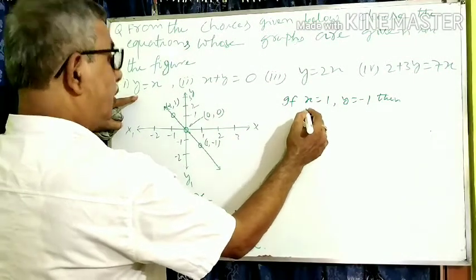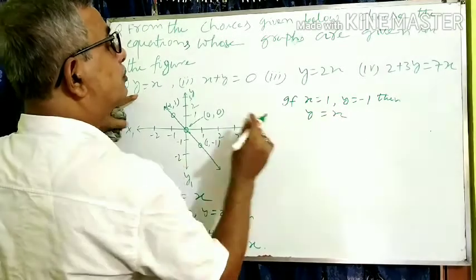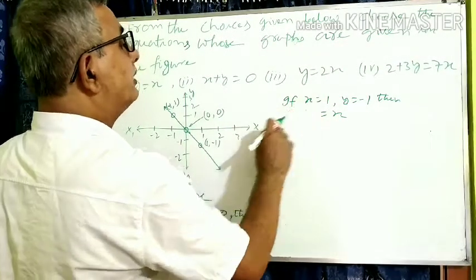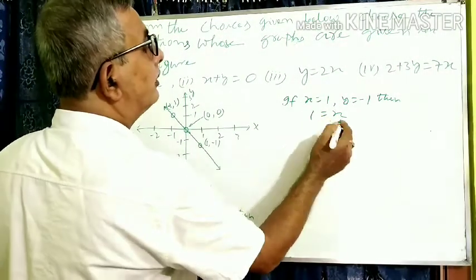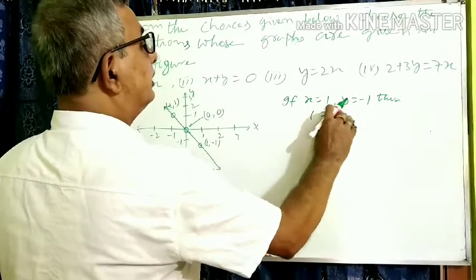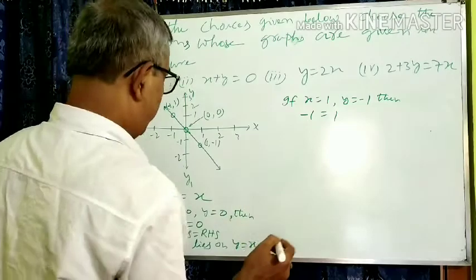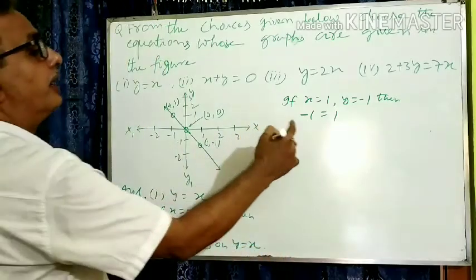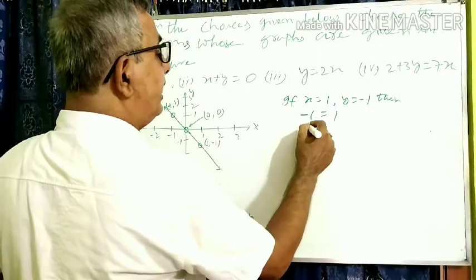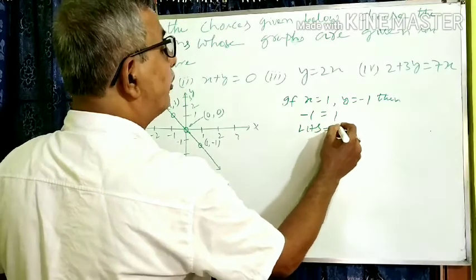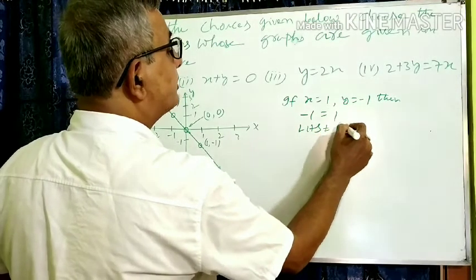So here you see, y is equal to x means what? x is equal to 1 and y is equal to minus 1. You see, LHS not equal to RHS.